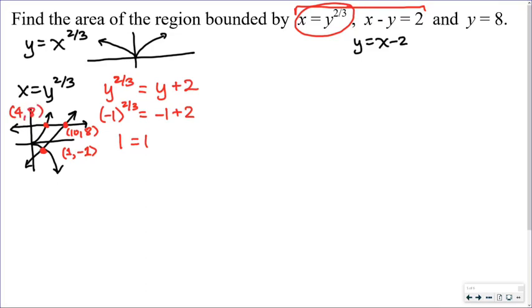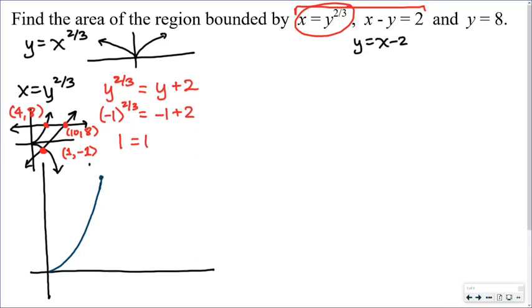Okay, so let me draw a better picture here, a more accurate picture now. Okay, so there is my region.